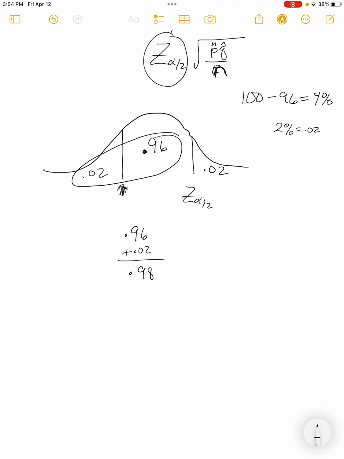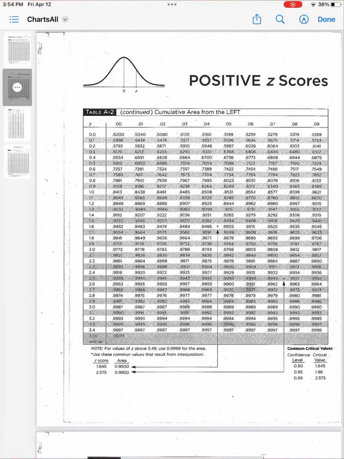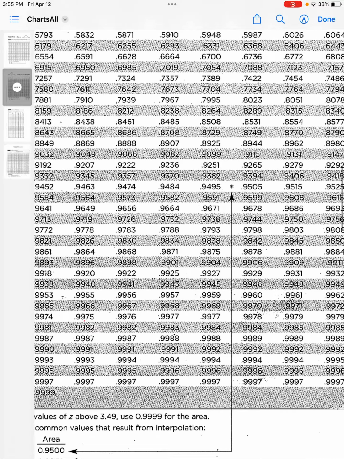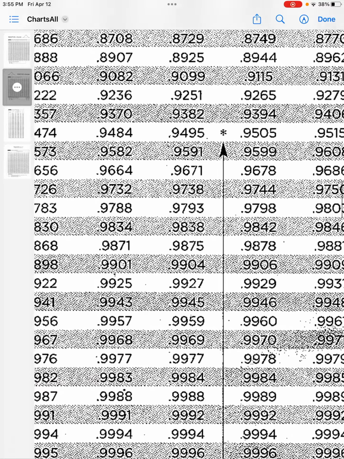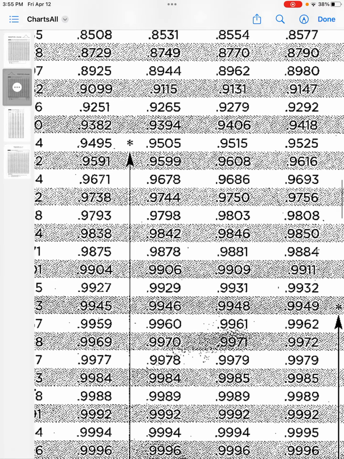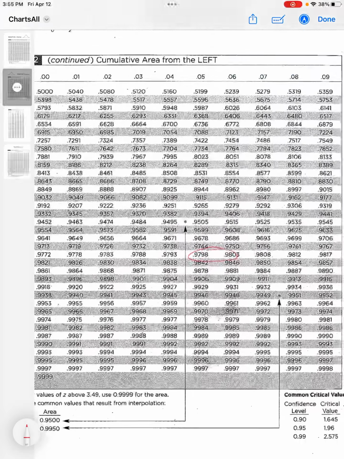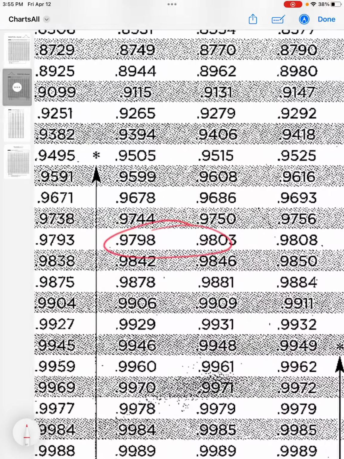The moment I find that, whatever its z score is, that's my z alpha over 2. So we're in here and we're looking for 0.98. And as I look for 0.98, I watch it be jumped over right there. 0.9798 and 0.9803. 0.98 has been jumped. I'm looking in here because this is area to the left, which is what I have right now.